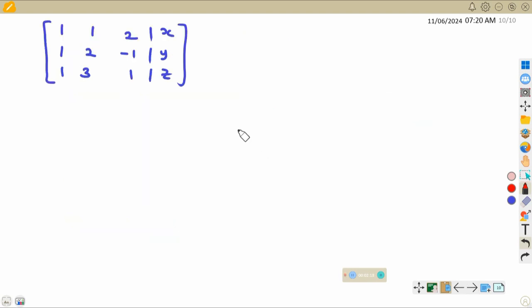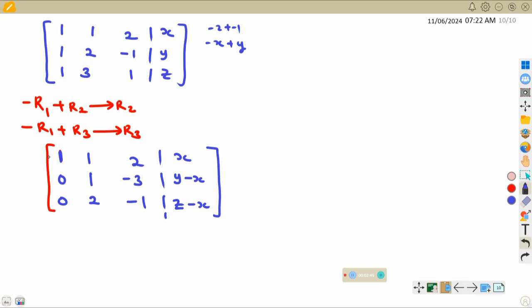Looking at this matrix here, let us try to create a 0 here and here using operations. We can say that is negative R1 plus R2 to give us R2, then negative R1 plus R3 to give us R3. When we do that, we shall maintain this first row constant.